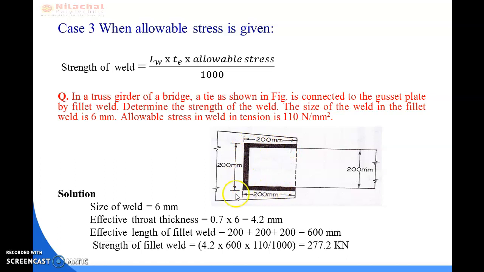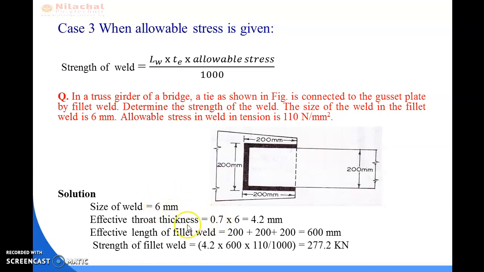Okay, so here throat thickness is not given, so we have to assume it. We know the value of throat thickness, that is TE. In case of fillet weld, we have to provide throat thickness TE equal to K into S, where K is a constant which you can find in table number 22 in the code book, and S is the size of weld which is already given in the question.